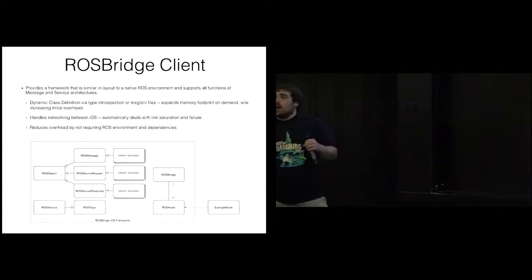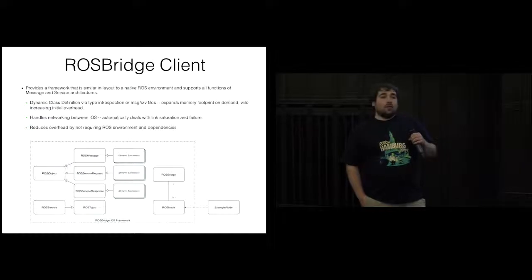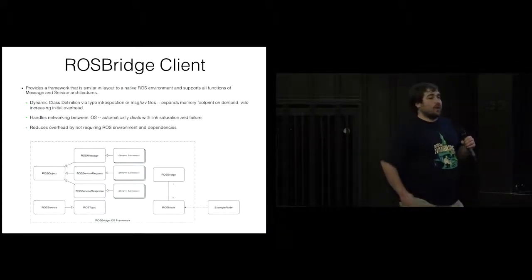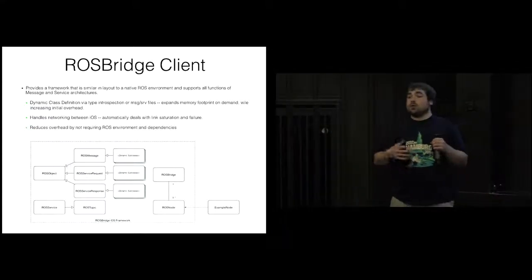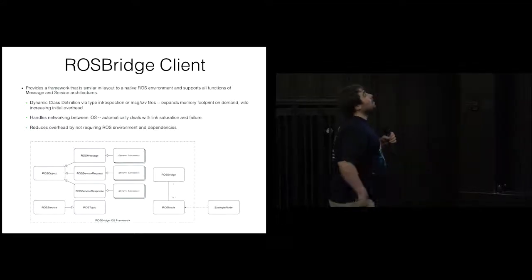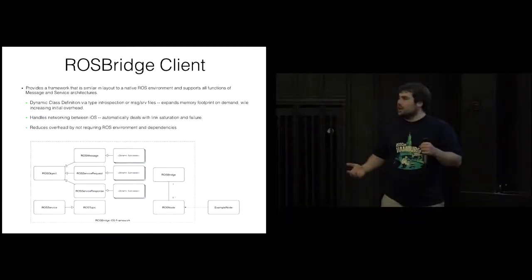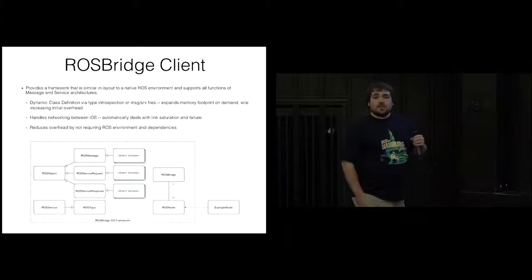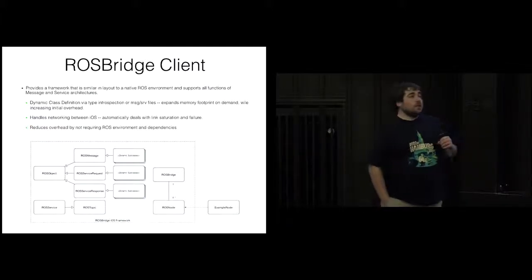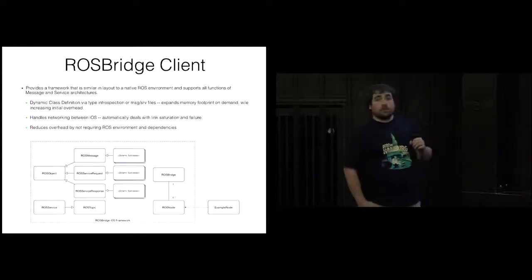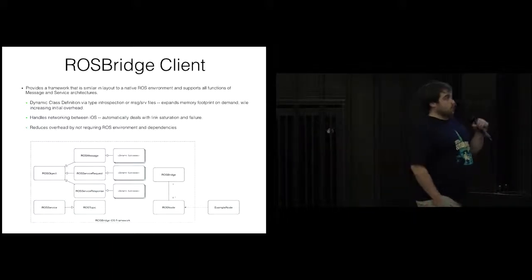It handles the networking, so if you have oversaturation of the bandwidth, it will automatically deal with that, and it deals with link failure. This is important because you don't want to have to provide a full ROS environment on iOS because you can't.